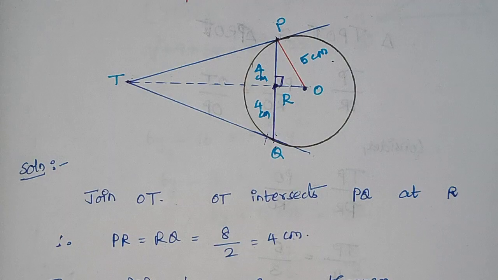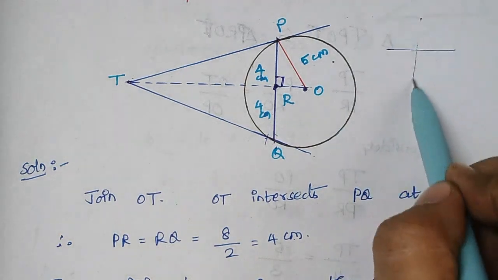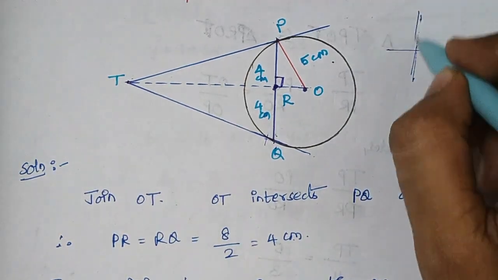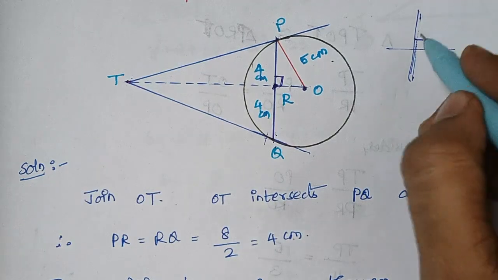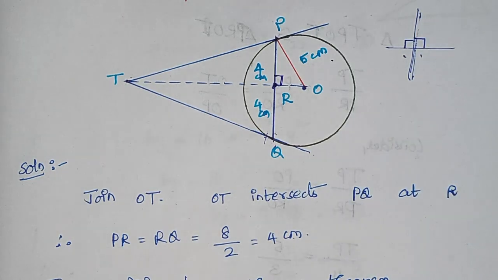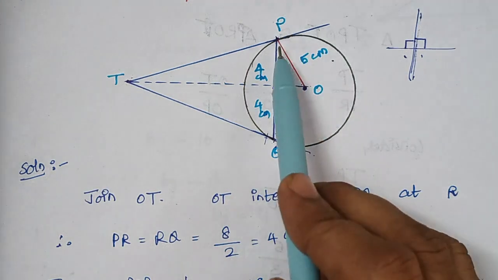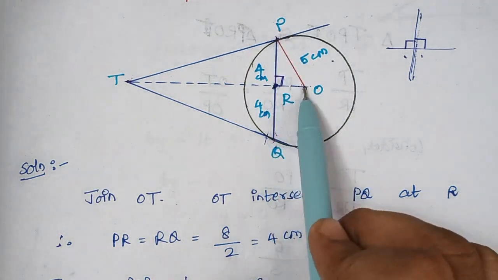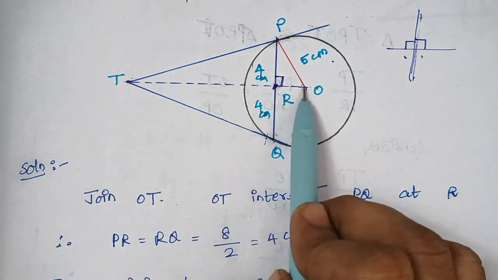Yes or no? Because they are perpendicular to each other. Whenever you have lines like this, the angle is 90. Similarly, this will also be 90, and similarly here also. Whenever you have a perfect L shape, that contributes 90 degrees. So by using the Pythagoras theorem, we are going to find the value of OR.